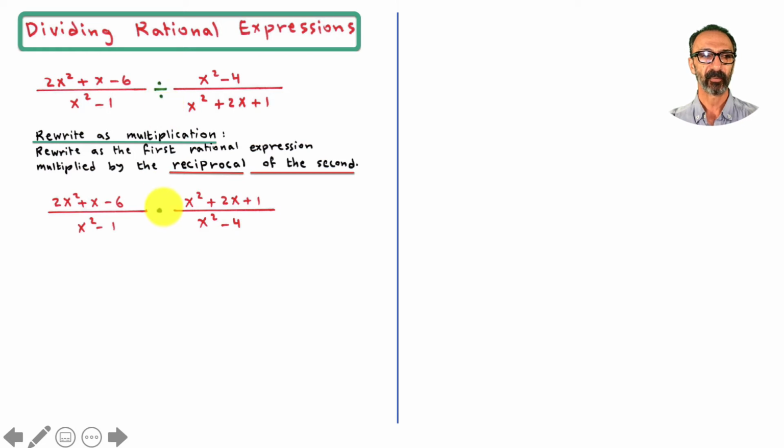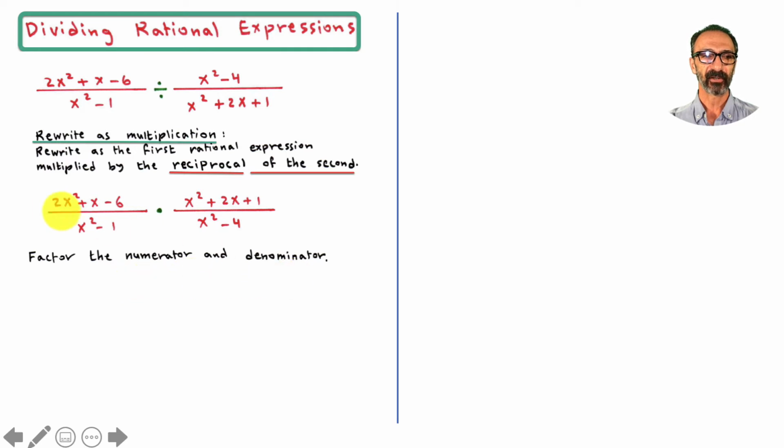So this becomes times, and this now right here, we flip them, we call it reciprocal. Now we go back to the multiplication like last example.